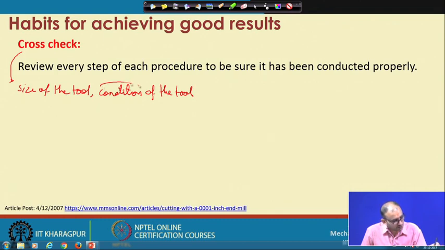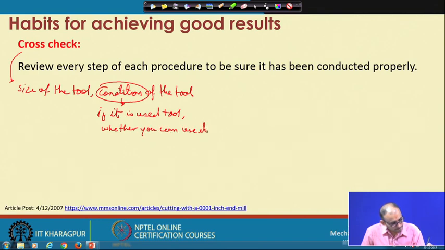That means if it is a used tool, then we have to find out whether you can use that again or not. Right.